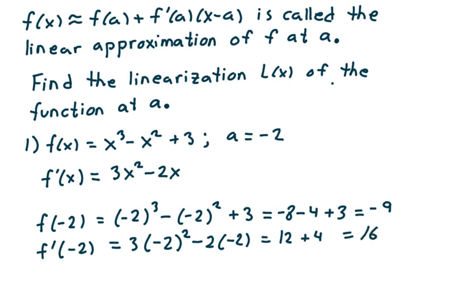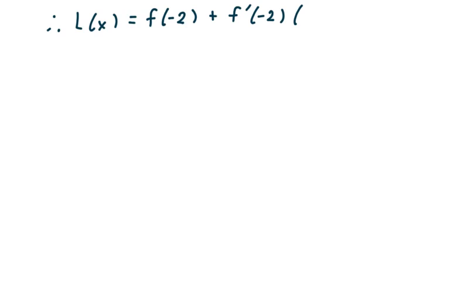So therefore, L of x is equal to, now we're going to get f of negative 2 plus f prime of negative 2 times x minus negative 2. That's how this works.